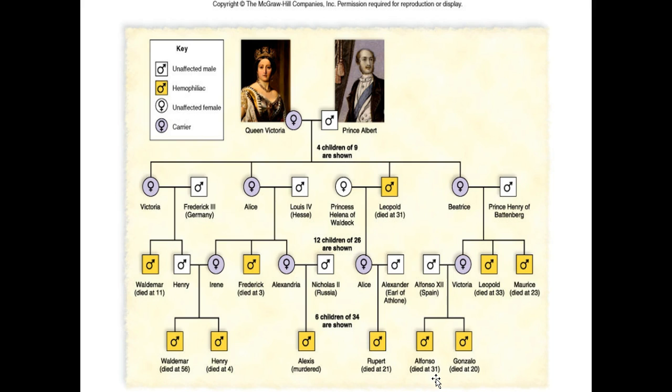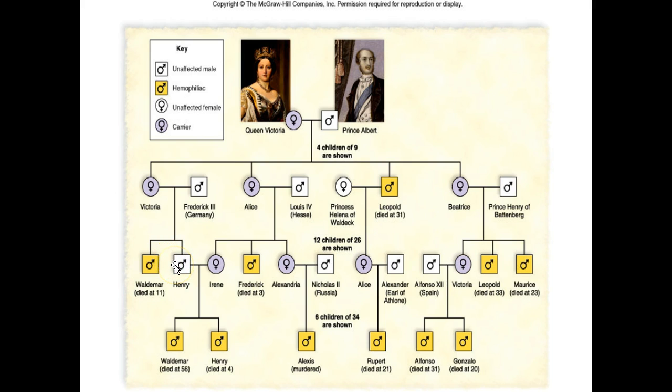So number one, you could see a couple of patterns going on here. Pattern number one is everybody that had hemophilia is yellow, also square, which means that they were male. Anybody that is the carrier is the female, so we know that they're carrying one bad X chromosome and one good X chromosome, and they are passing that bad X chromosome to this child.